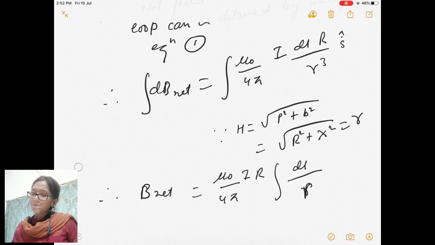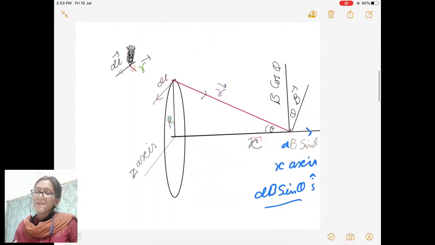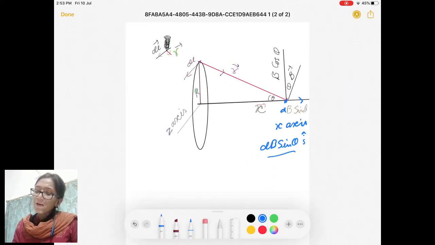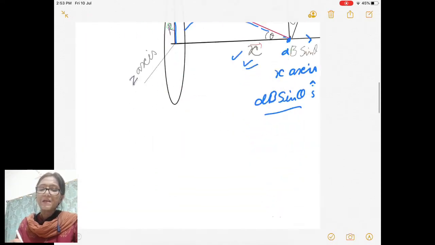What is r cube? r cube is equal to R square plus x square whole power, under root is 1 by 2, 1 by 2 power 3, so 3 by 2. All these are constant. For a given point, the radius of the circular loop is a constant, and x is a constant. It is not going to vary. Everything is constant: x, small r and capital R.